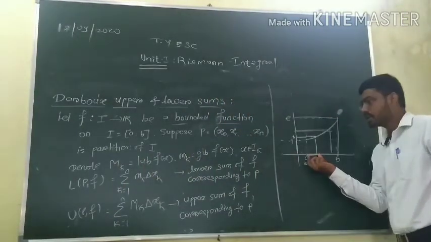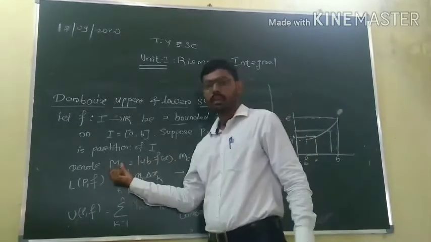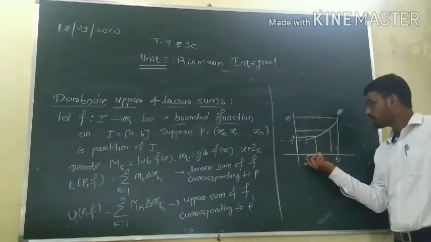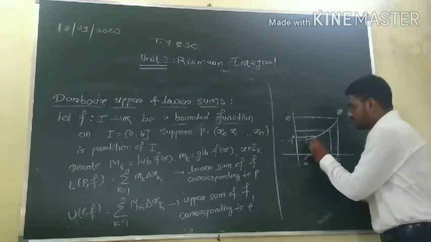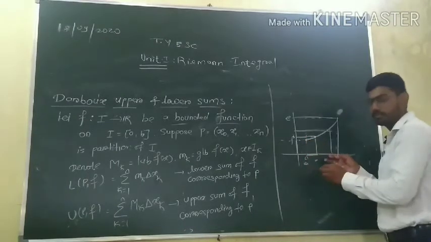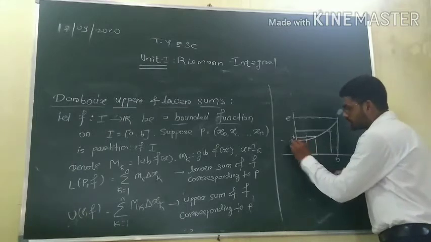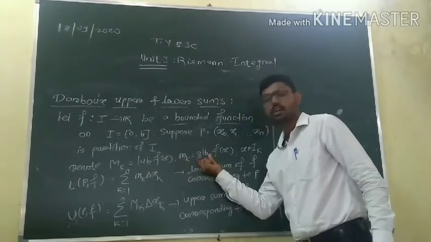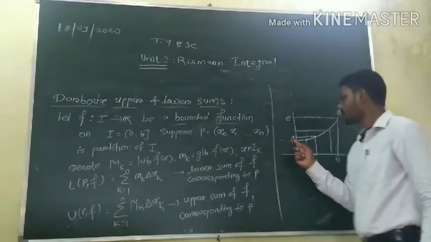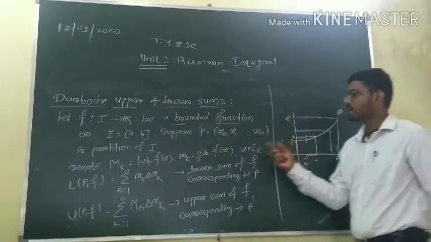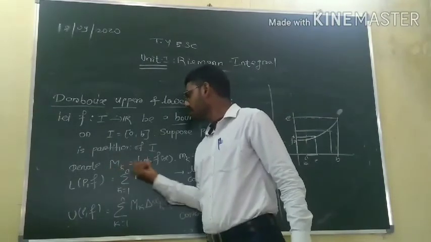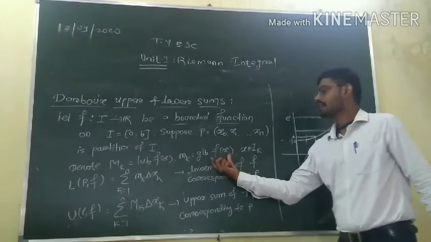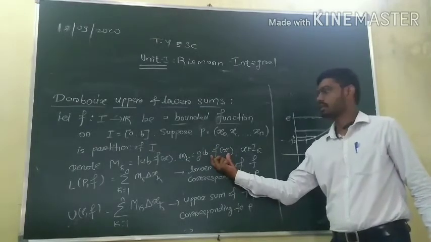Again in the first interval, suppose the minimum value of the function is 3. So small m1 is the greatest lower bound, which is 3. So this is the idea of capital M, the least upper bound of the function in the kth interval, and small m, the greatest lower bound of the function in the kth interval.